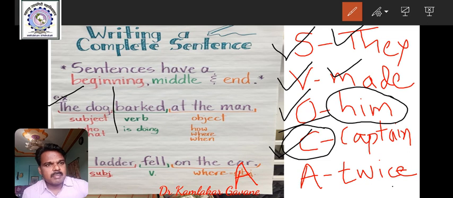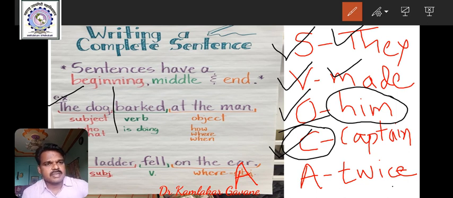And in grammar, the grammatical term is spelled with E, complement. The dictionary meaning of this complement is supplementary to, addition to.